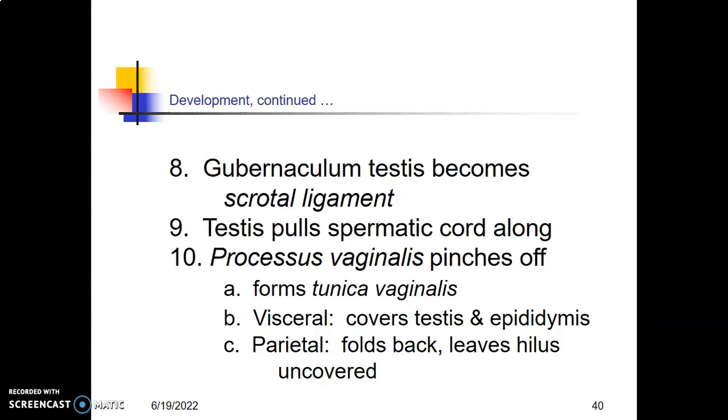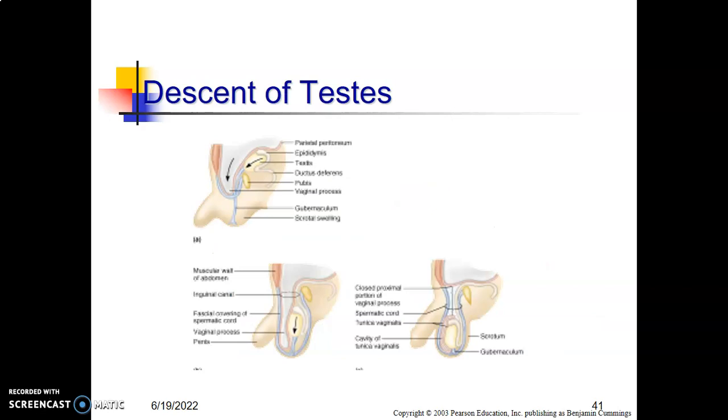The testis pulls the spermatic cord along with it, and the processus vaginalis pinches off to form the tunica vaginalis, which has two layers. Remember, the peritoneal evagination of the processus vaginalis forms the tunica vaginalis. It has a visceral layer that covers the testis and the epididymis, and a parietal layer that folds back.